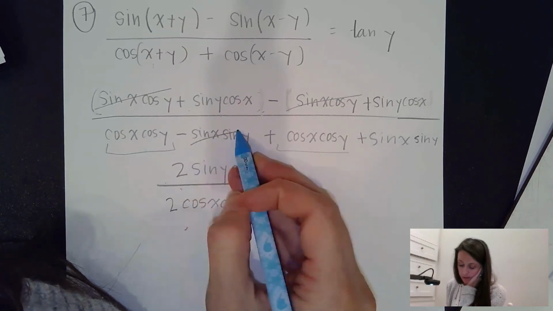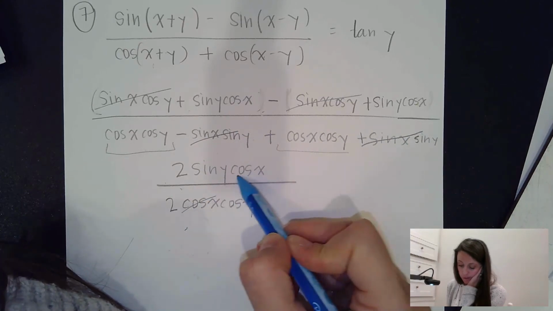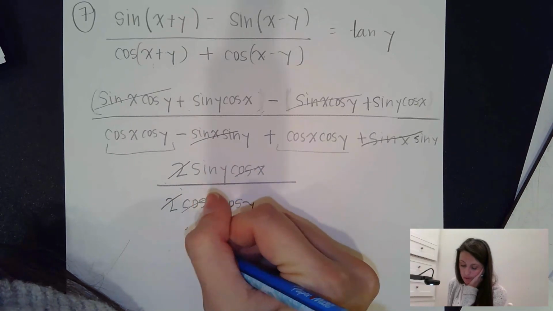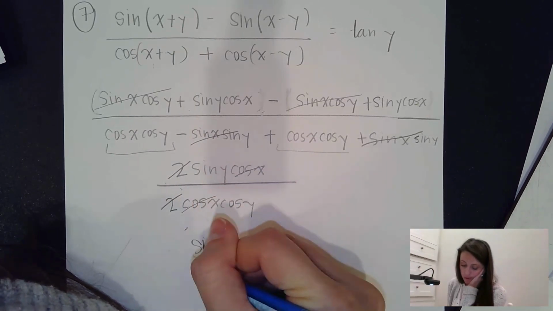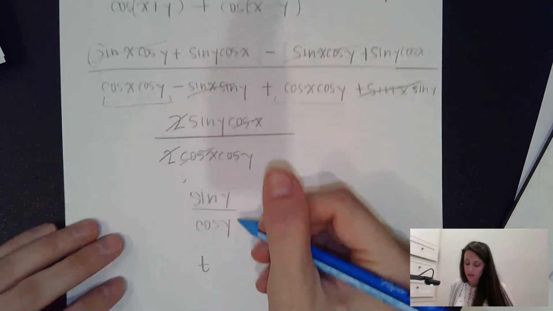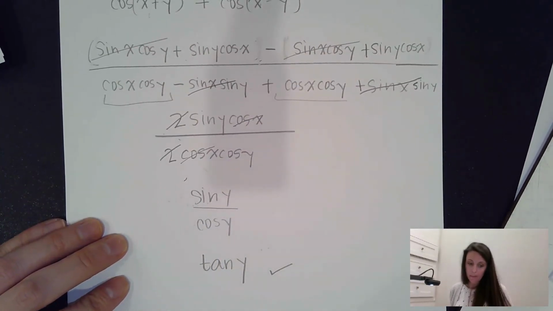And then your sine x, sine y terms go away here. All right, here your cosine x's are going to go away and your 2's are going to go away, so you're going to be left with sine y over cosine y. And sine y over cosine y is the beautiful tangent of y.